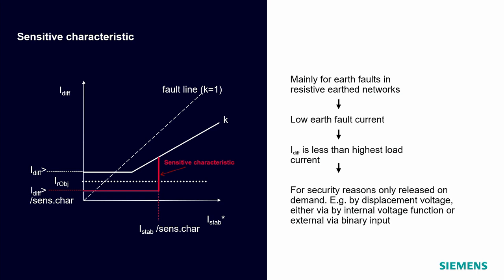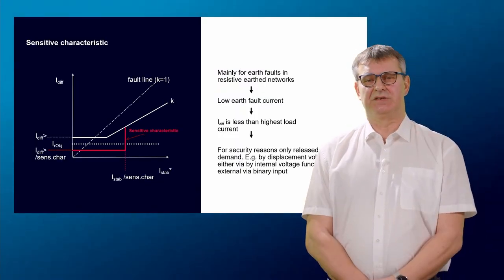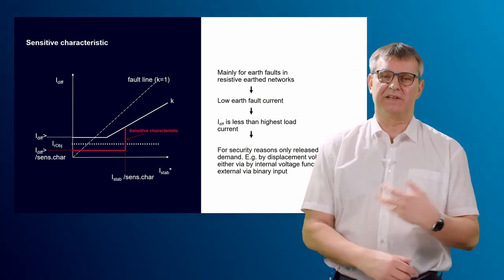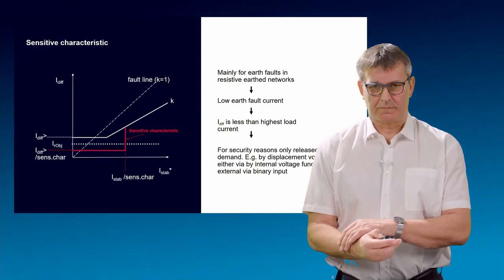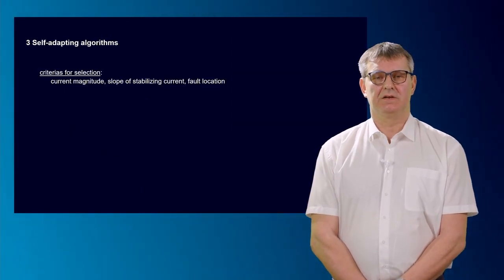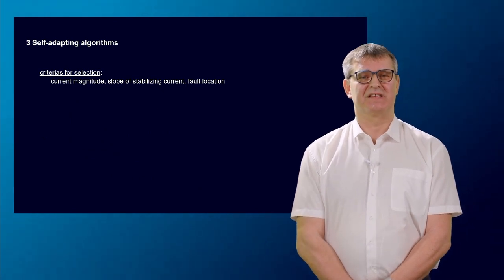So we are measuring the displacement voltage. If we are detecting a displacement voltage, we will activate the sensitive characteristics, and then everything should be fine, and we are really also on the safe side. Okay. I hope the sensitive characteristic is clear. Otherwise, of course, you have the possibility to ask questions.